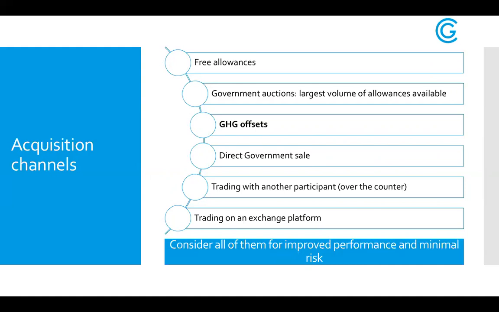Some are participating at the auctions. There is also direct government sale that shall occur once or twice a year. There's also trading with other participants and trading on an exchange platform. Those are all different acquisition channels that you can use to get your allowances, and one of them is the GHG offsets. And again, many have approached us and asked us several questions regarding those, so we've decided to discuss it a little bit further during this webinar.